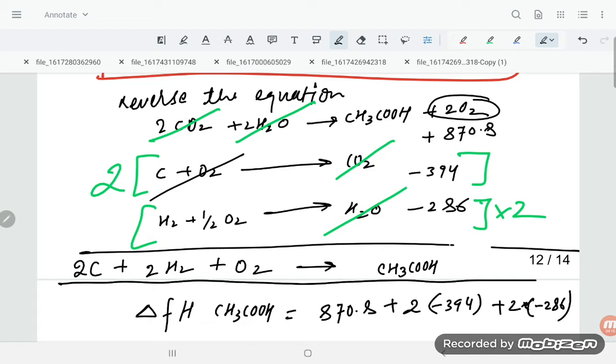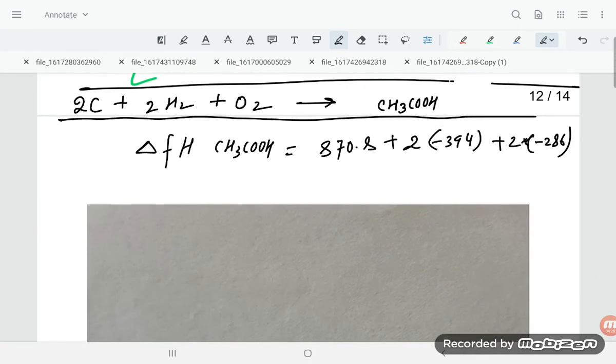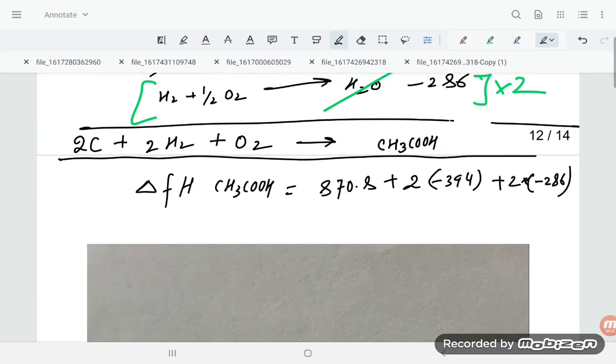So dear students, what you have to do is multiply these values and get the answer. So let us try to solve it, multiplying these values.